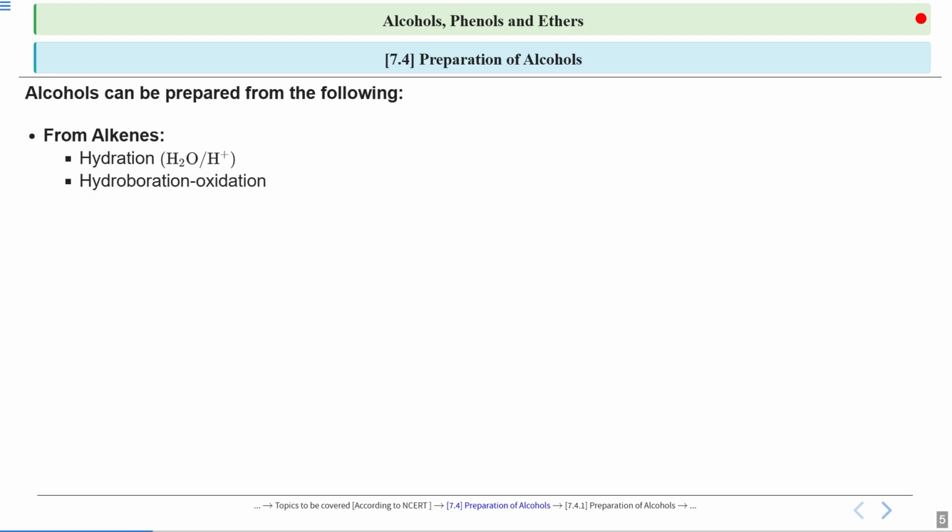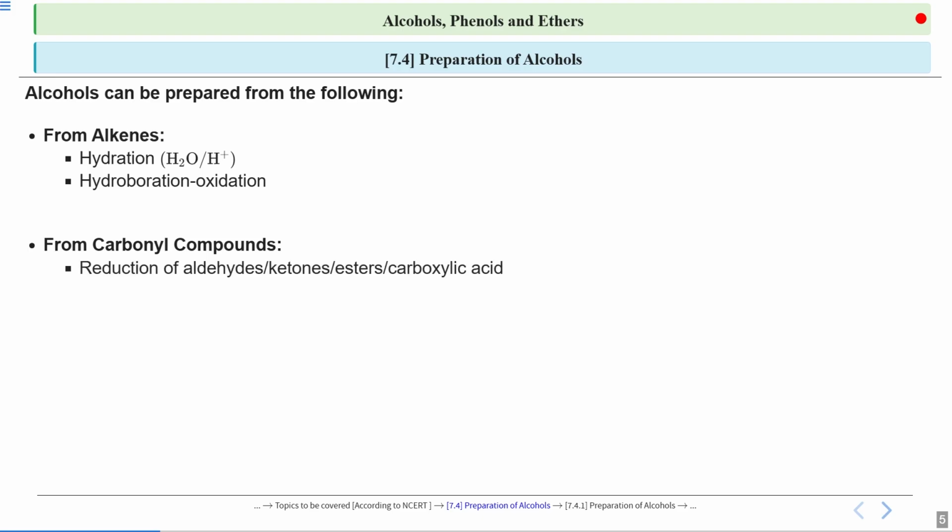Second, when you do the hydroboration oxidation of alkenes, then also you will prepare alcohols. Second, alcohols can be prepared from carbonyl compounds, such that if you reduce the aldehydes, ketones, esters, carboxylic acids, then you will get alcohol as the product.